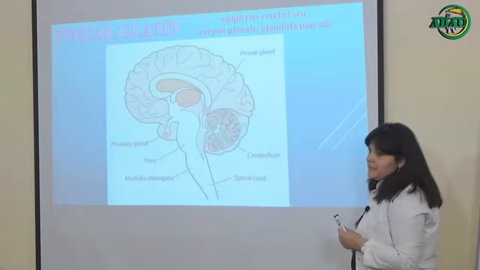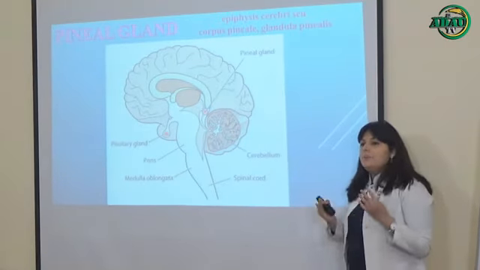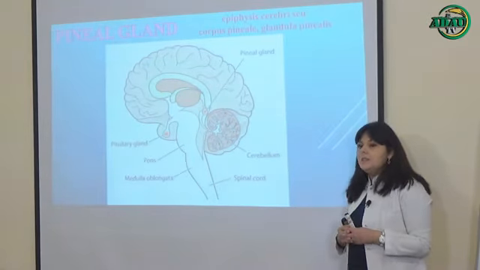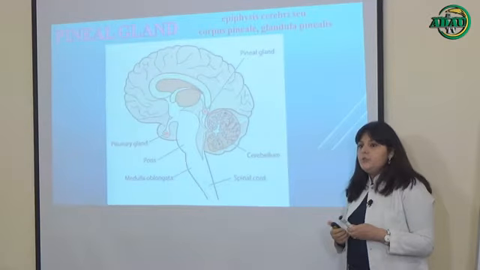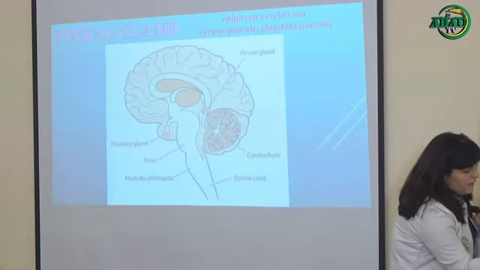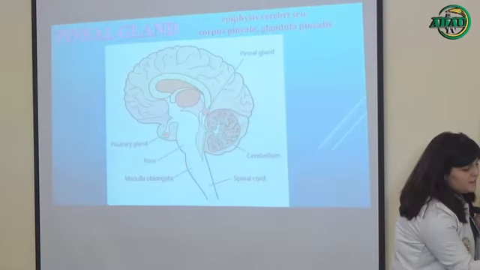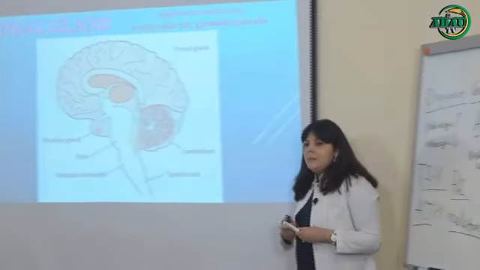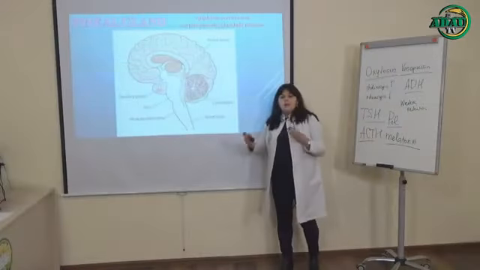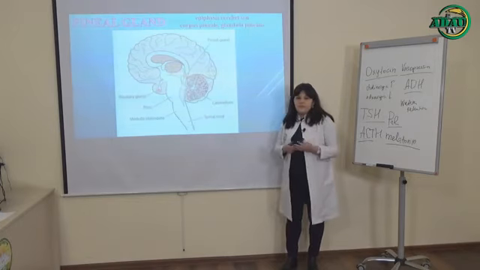The pineal gland is called the biological clock of the animal body. Why is it called the biological clock? Because it produces hormones like melatonin. There's also serotonin and other hormones, but I'd like to talk more about melatonin. Melatonin is the hormone which regulates the biological processes in the animal body.